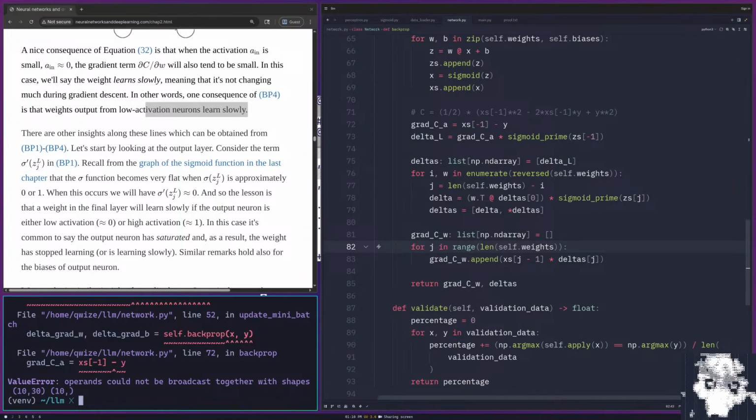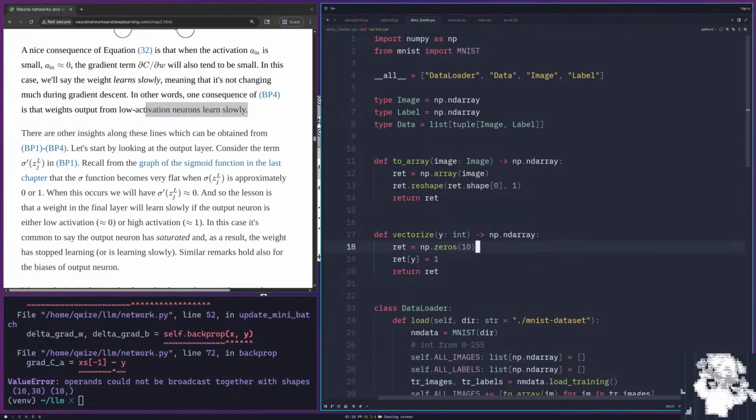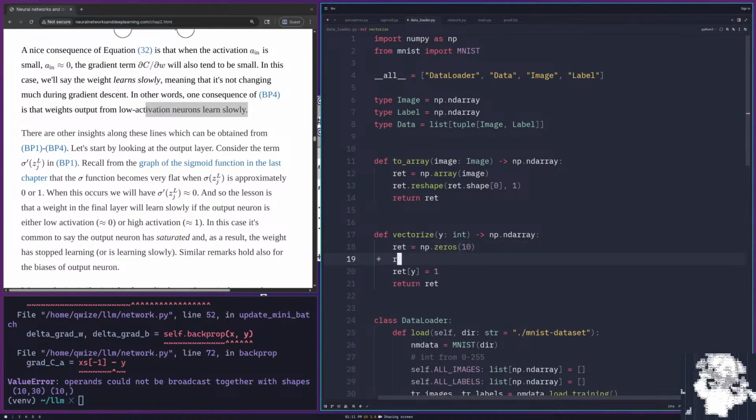When we vectorized y, we didn't reshape it. So should this be 10, 1? Doesn't like that. Maybe over here, ret.shape 10, 1.